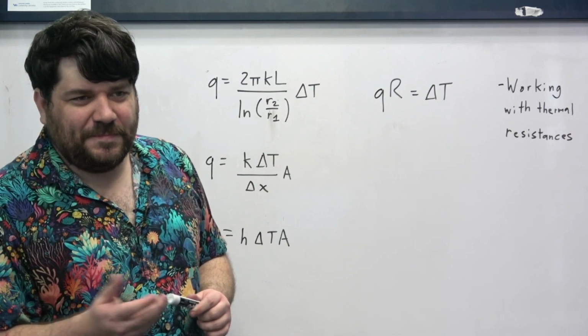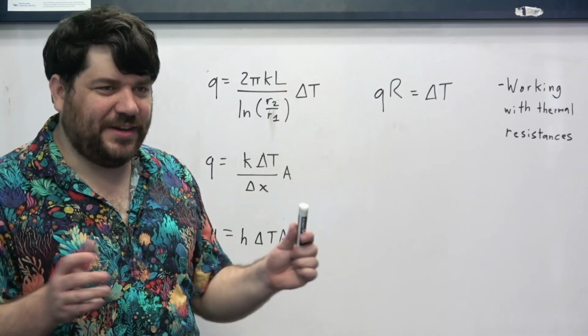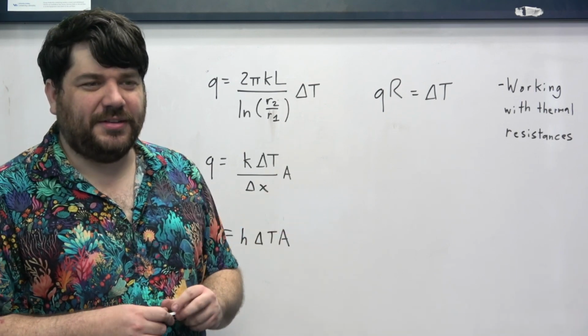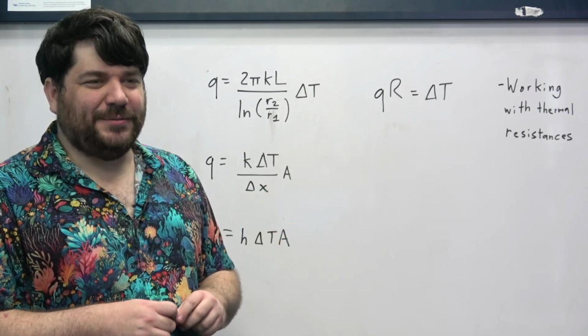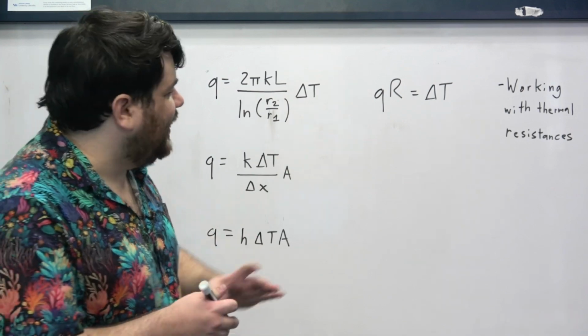All right, like is conduction happening radially or is it happening in a planar system? Like what's the length of the wall? What is the thickness of the cylindrical section? All of those things get condensed into this R.